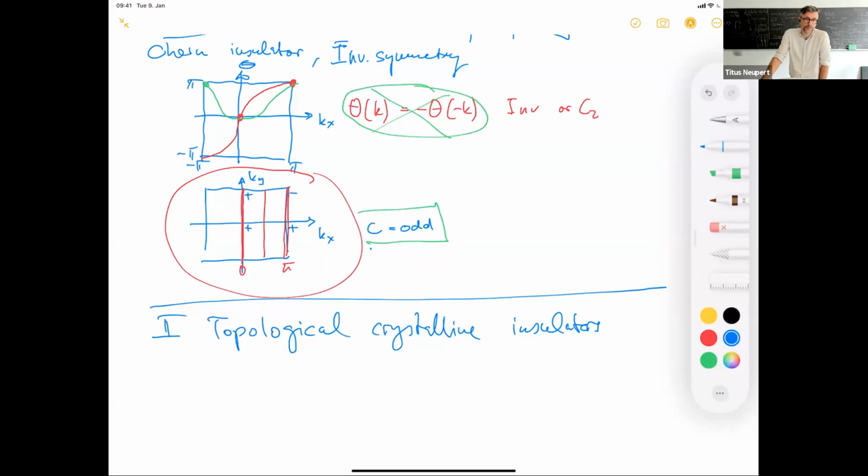You can measure this in some way if you make a plane wave excitation in the x direction with a specific kx, and you measure the polarization that you get out of this plane wave traveling in the x direction in the y polarization. This is precisely what you would measure, but it's not an easily accessible observable, and certainly not a topologically protected one. So you can change this smoothly with changes in the Hamiltonian. So the answer is yes, it's an observable.